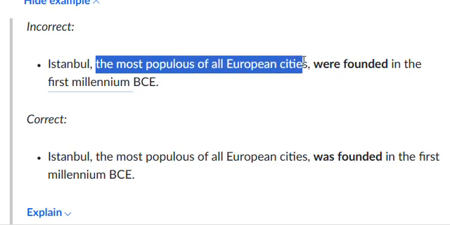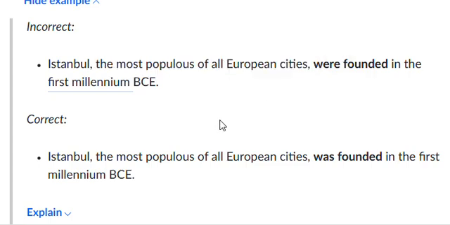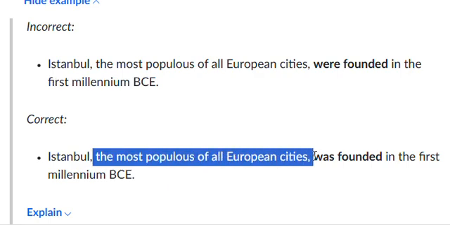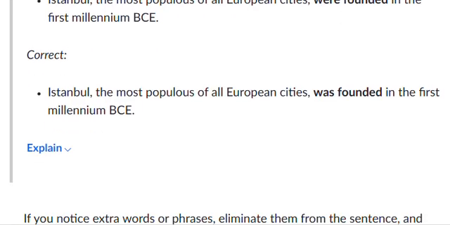This information given in between helps you lose track, so you probably don't focus on the verb and the subject. "Were founded" is wrong because Istanbul is singular, so it would be "was founded," right? This extra information can do its best work to make you lose track.